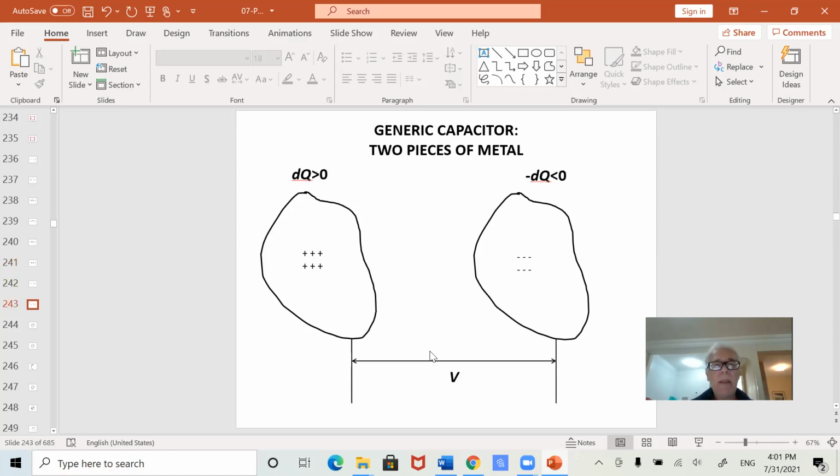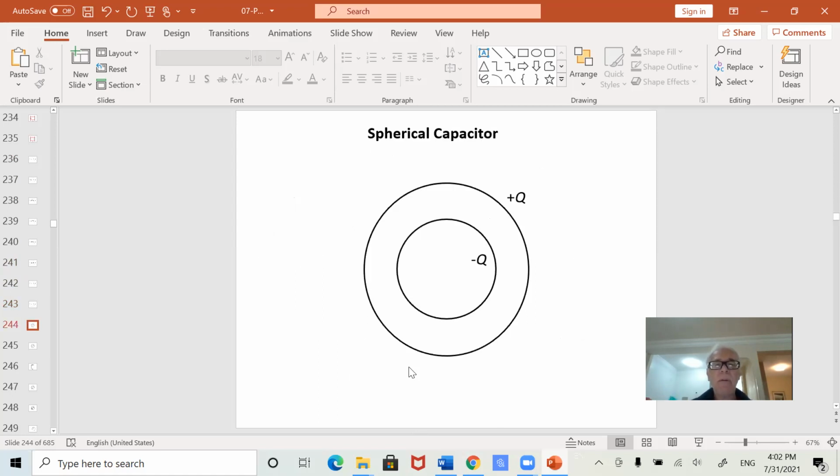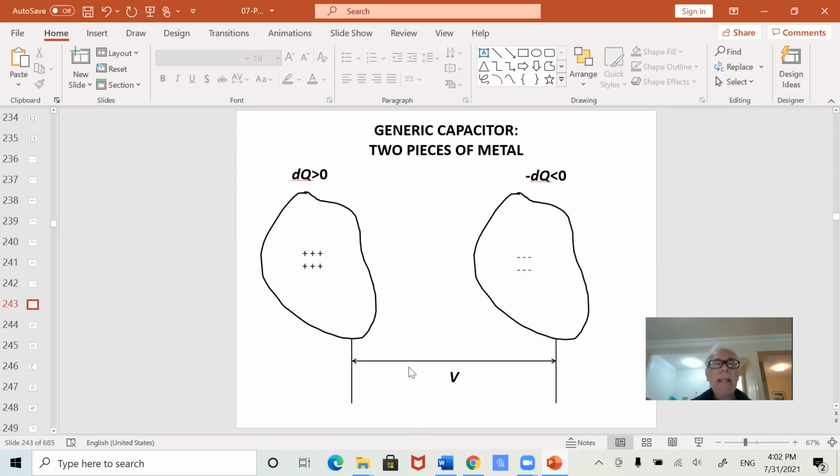Okay, so here you go. When you charge them, you create a potential difference between the plates of the capacitor, that's what this V is, between the elements of the capacitor. And we can calculate how much potential energy we create between those two.